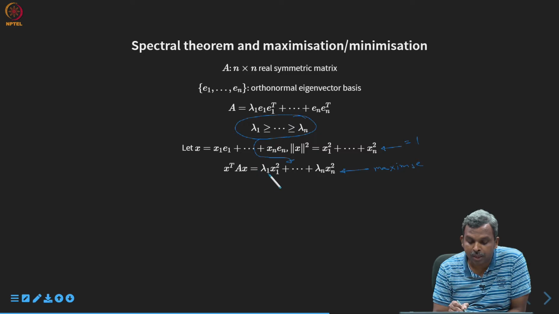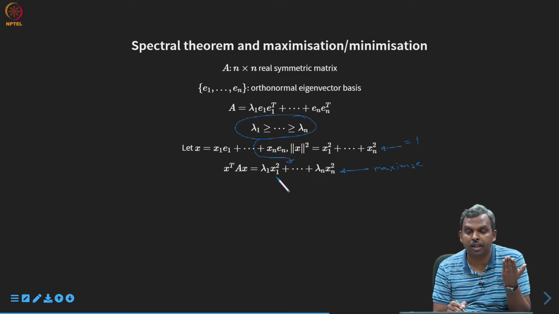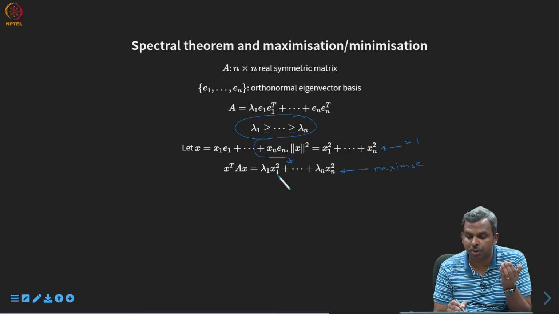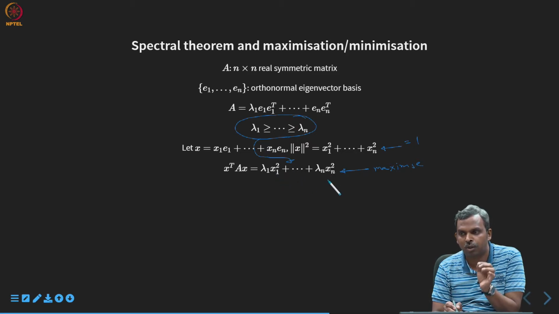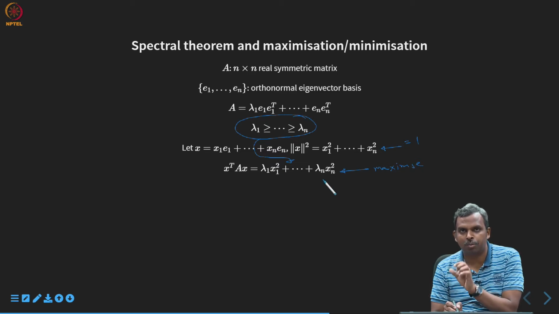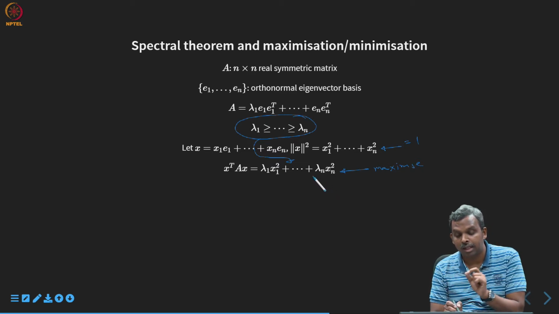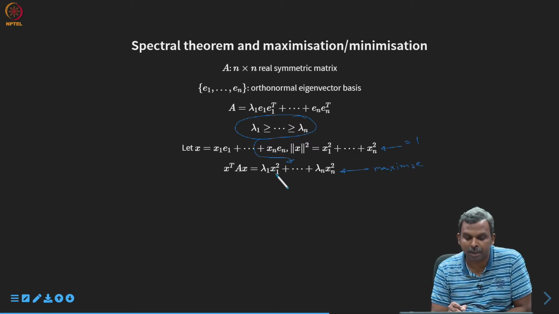I should make sure that whatever multiplies lambda 1 is as large as possible, right? Right, that would give me the maximum value for this summation, because there is nothing else that's confusing this. It's every term is just x1 squared, xn squared, right? It's all positive. Every term contributes in some sense positive, and then the lambda gets multiplied by a positive number only, right? So lambda 1 is getting multiplied by x1 squared, which is positive.